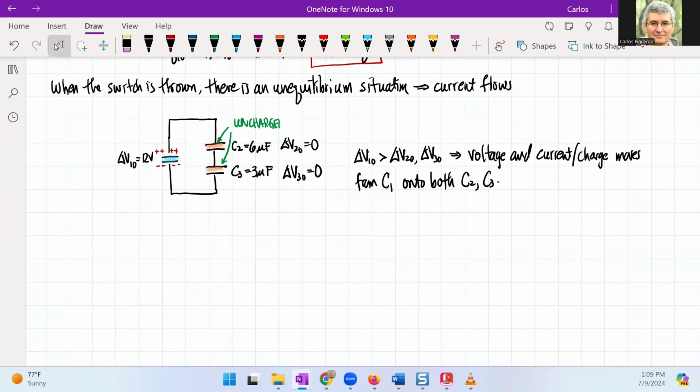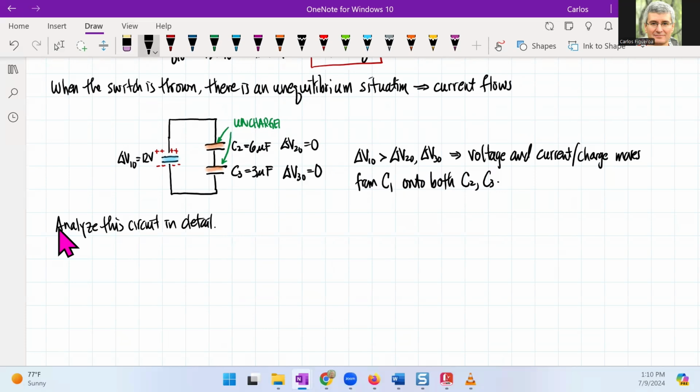So let's analyze this circuit in detail. The first thing that I would do is note that C2 and C3 are in series, and what we know about series is that they have the same amount of charge.